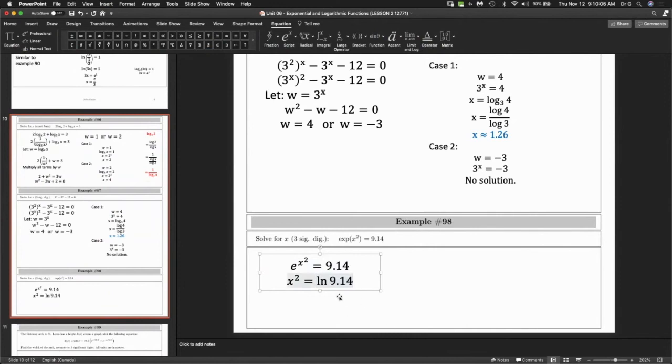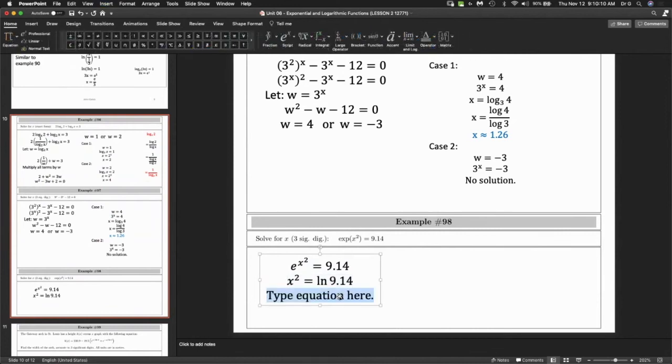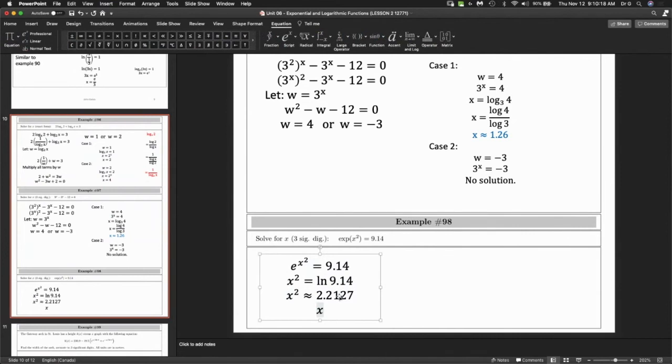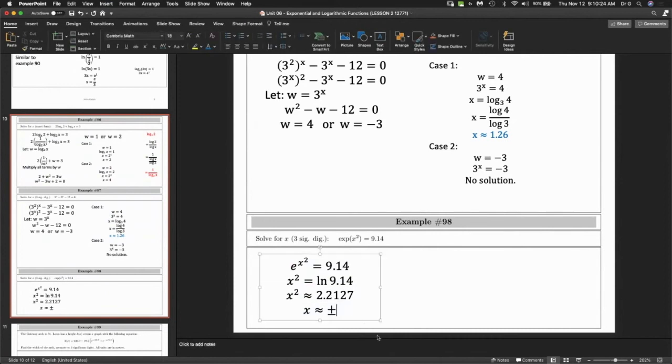Now, ln of 9.14 is something that you could type on your calculator. And that's roughly 2.2127. And then you could take the square root of that, but remember that plus and minus because it's x squared. So the answer would be 1.49.